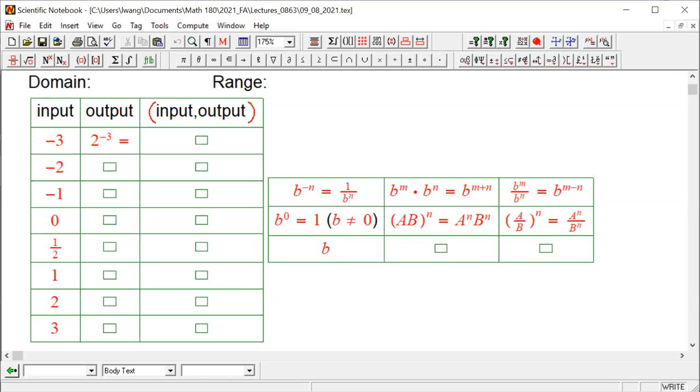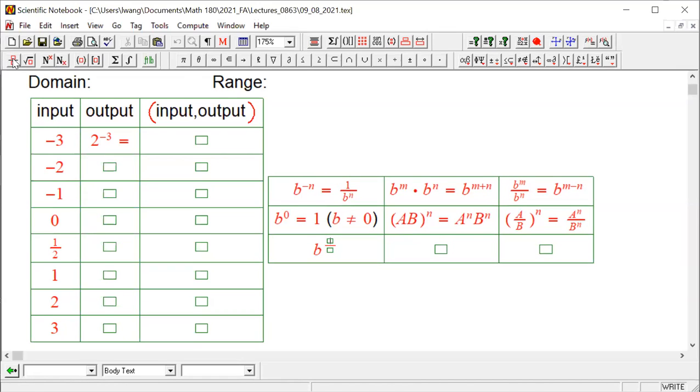you have a base raised to the power of, I'm going to put it as a fraction, p over q. How about that? Just for the fun of it, right? The base is b, the power is p over q. And that is related to root.